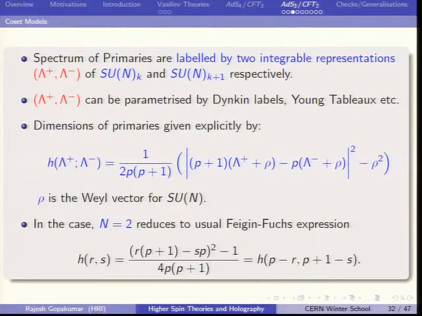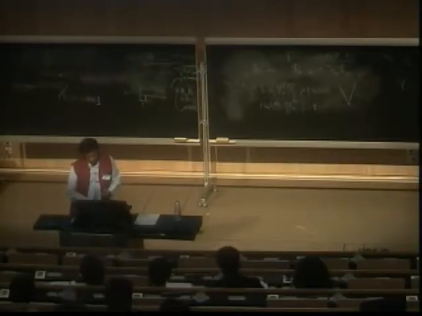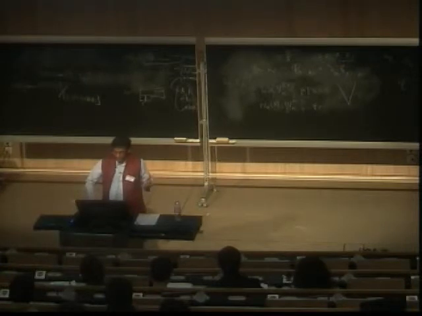The representations are just labeled by one integer. So if I choose R and S as the labels of the two representations of SU(2), then you get this expression, which is familiar to those of you who have studied two-dimensional CFT, the unitary Virasoro discrete series.